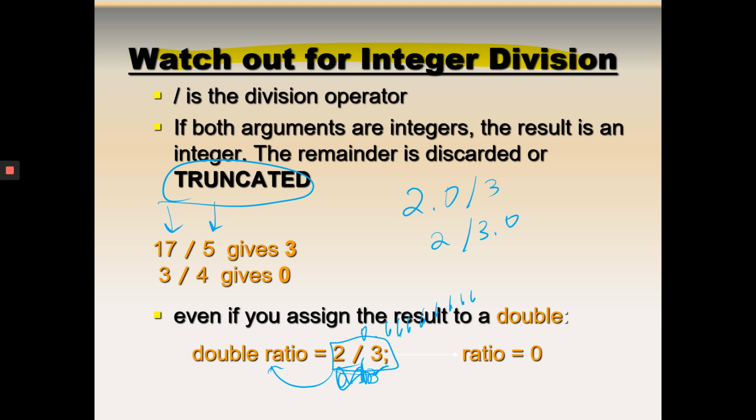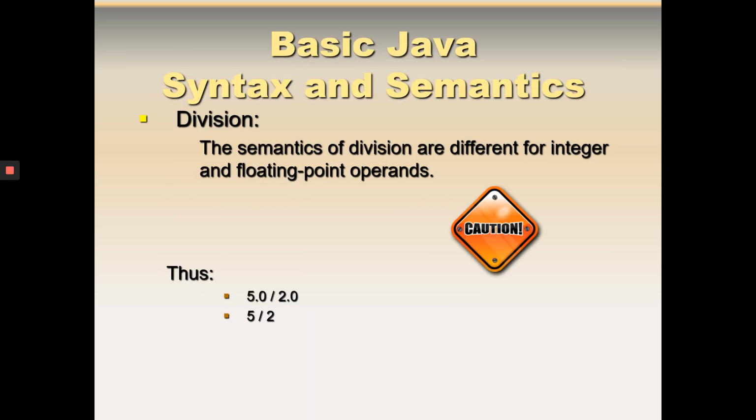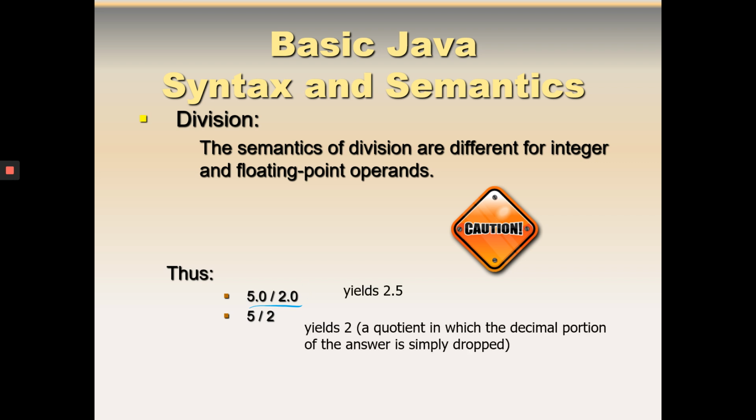We have to make one of them into a double in order to get a double out. So again, integer division, if you have an integer divided by integer, the answer is going to be an integer. So that's a little tricky. So here's how we can fix it. We can just change one side or the other of the division into a double.